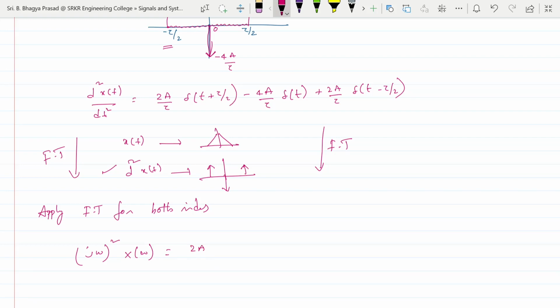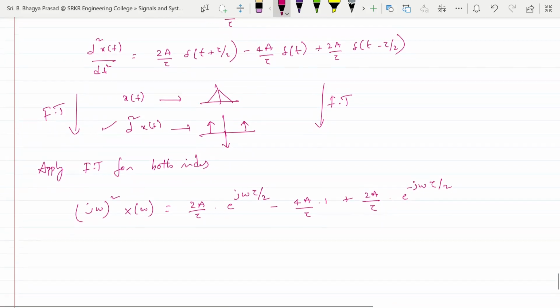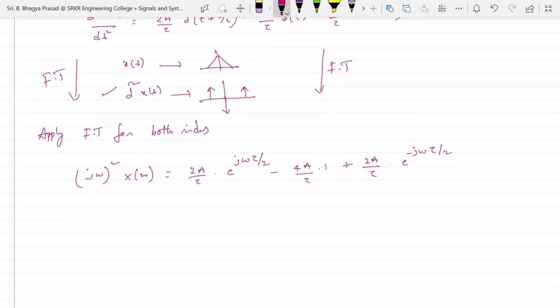The strength was 2a by tau, that will be e power j omega tau by 2, minus 4a by tau. The Fourier transform of impulse will be 1, plus 2a by tau, and again an exponential e power minus j omega tau by 2. So I will rewrite this expression as 2a by tau. So I will get a sine function here.